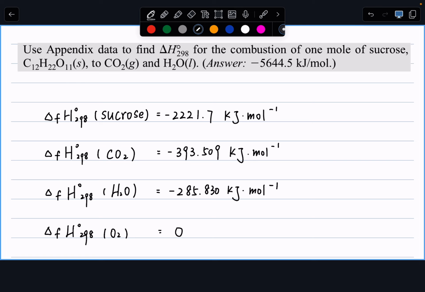We have product minus reactant, so 12 times the heat of formation of CO2 plus 11 times the heat of formation of H2O, minus your reactants, the heat of formation of sucrose and your oxygen.